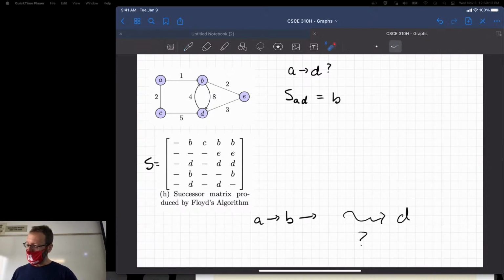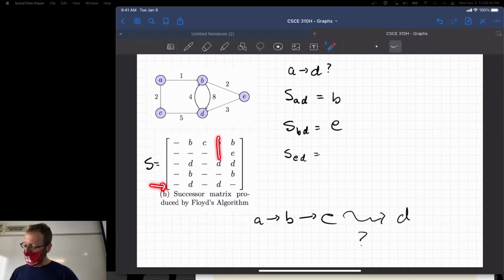How do I get over there? Well, I went to B first, and so the question has now changed. How do you go from B to D? S of B to D is equal to, and then you look that up. B to D tells me to go to E next. Right? And now I update this. How do I go from E to D?